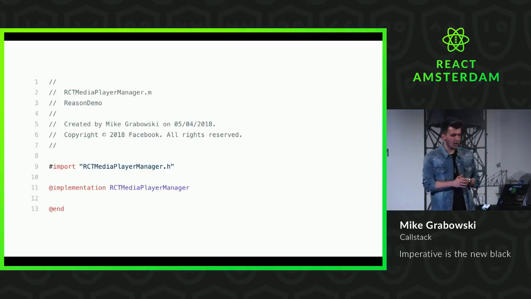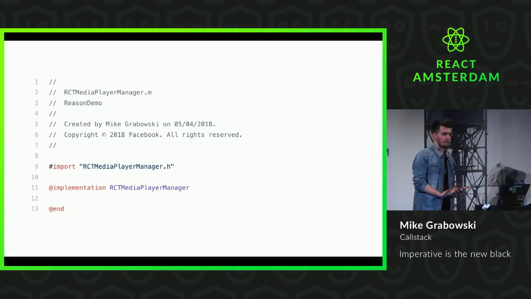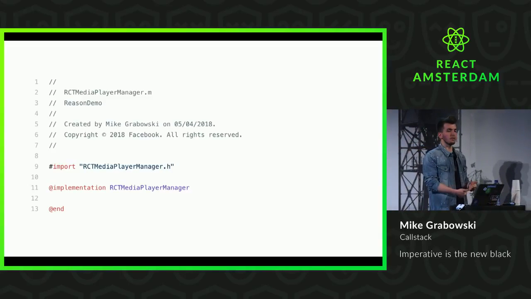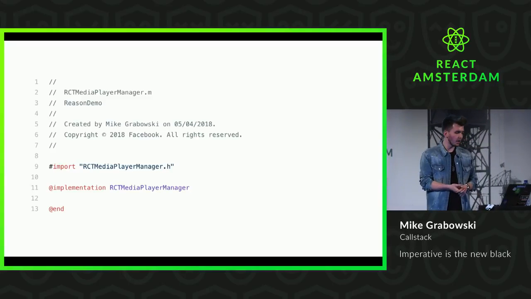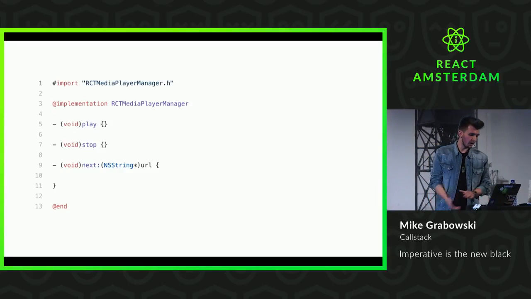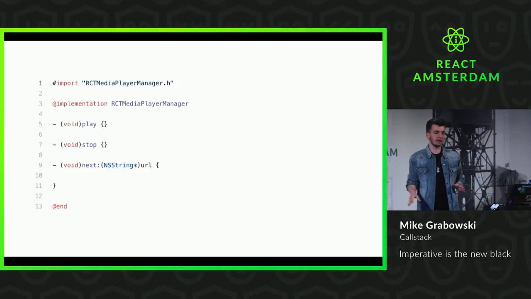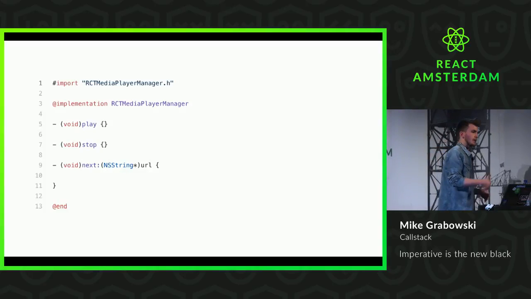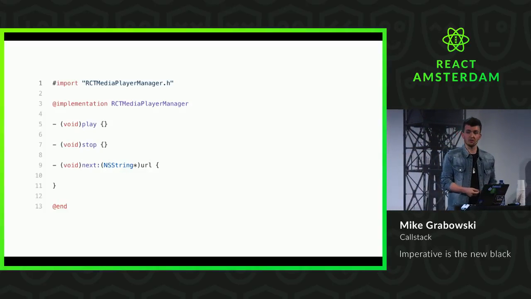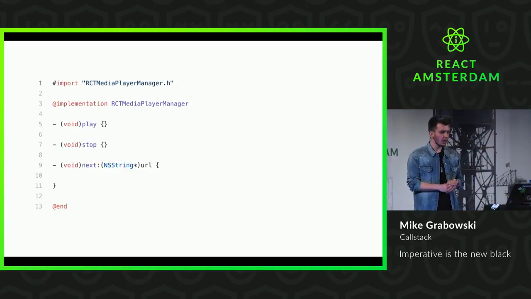So what are the most common actions a typical media player should perform? It's most likely play, right? To play a song or resume it, to stop it, and to play the next one, right? So 3 methods. Now, to be honest, there are way more things that we need to implement in order to make a production-ready player, like interruptions, such as when someone is calling you or you are listening to navigation directions, or background modes.